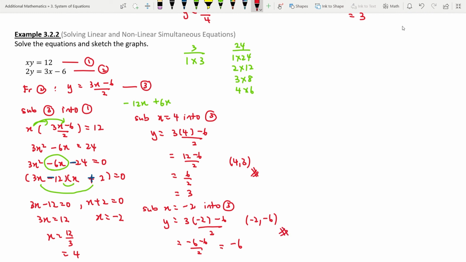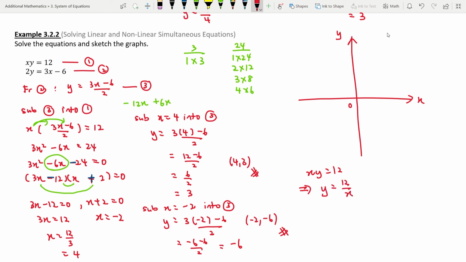After that, we still need to sketch our graphs. First, we draw the x-axis and the y-axis. The first equation is xy is equal to 12. We bring x to the other side. We get y is equal to 12 over x.